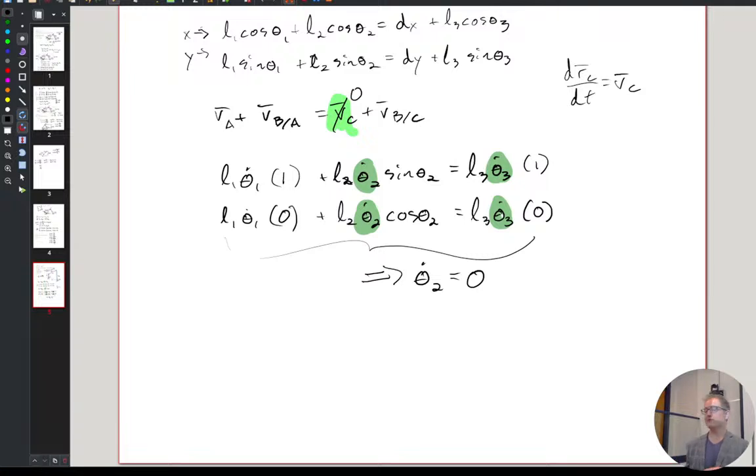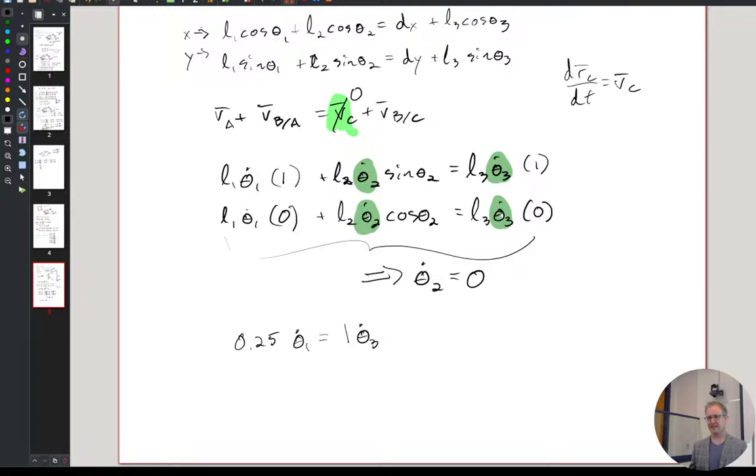Is it going to be moving faster or slower than our crank arm? L1 and L3 are the same, right? Or equal? They're different. Good question. If they were the same, that would be. Theta 3 dot is smaller?